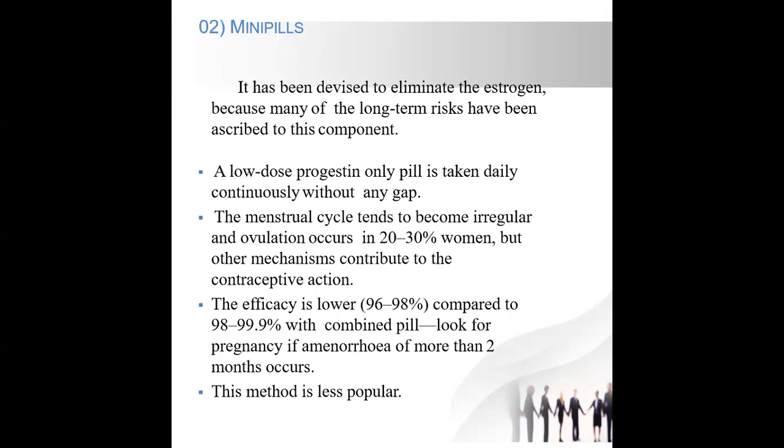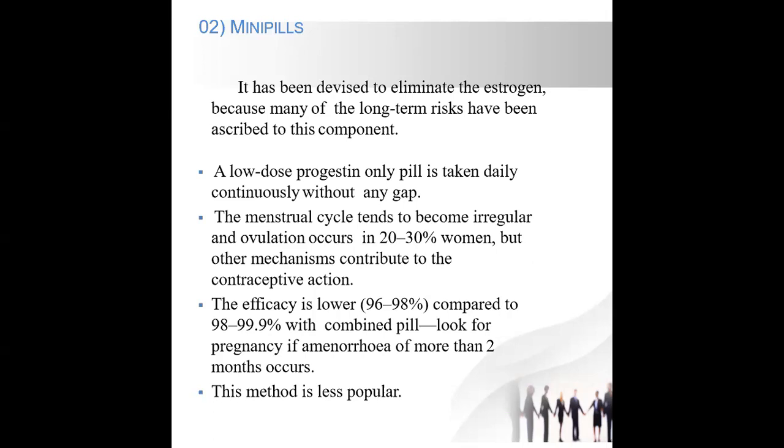The menstrual cycle tends to become irregular and ovulation occurs in 20 to 30% of women, but other mechanisms contribute to the contraceptive action. The efficacy is lower when compared to that of combined oral contraceptives, at 96 to 98%.